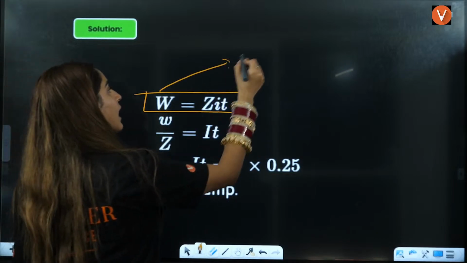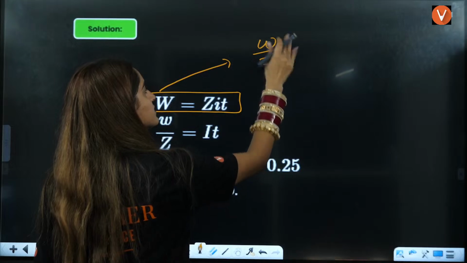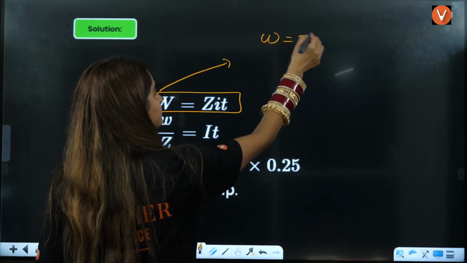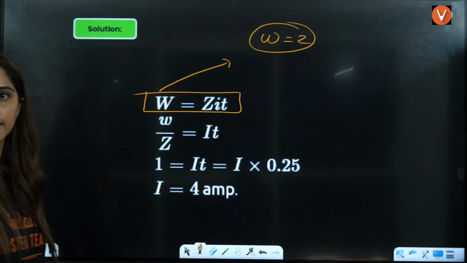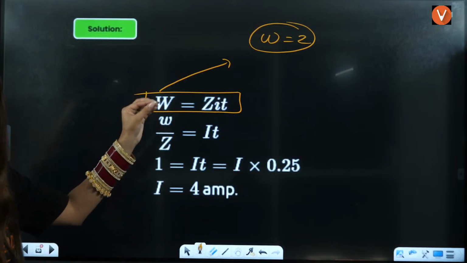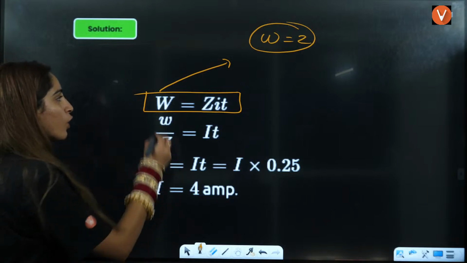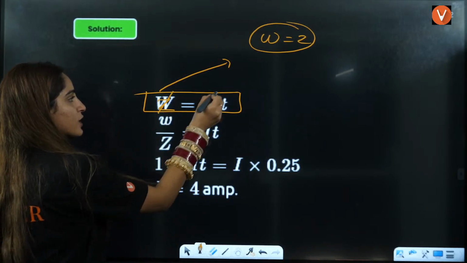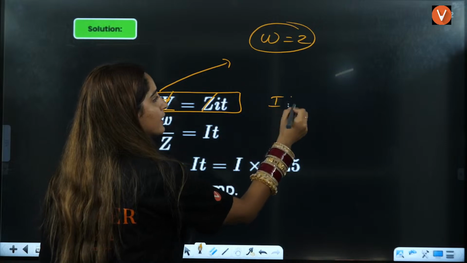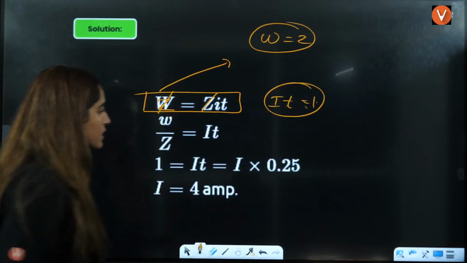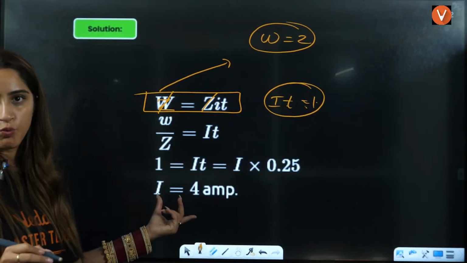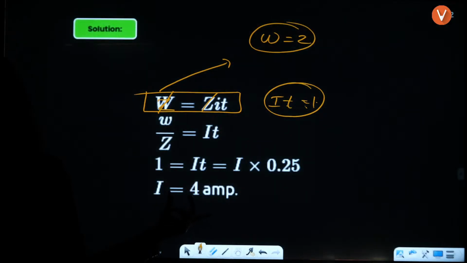They are saying that weight and Z are equal to each other. So Z will cancel, and you can know that I and T is equal to 1. Okay, understood?